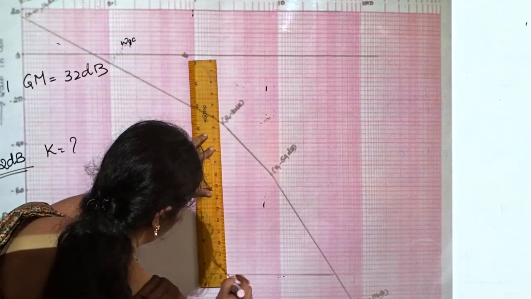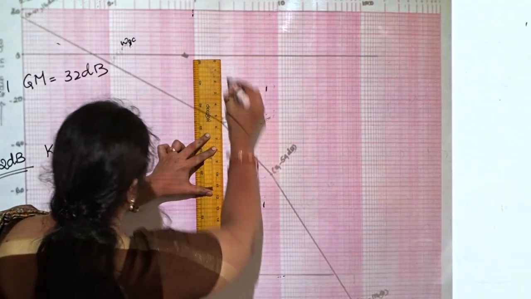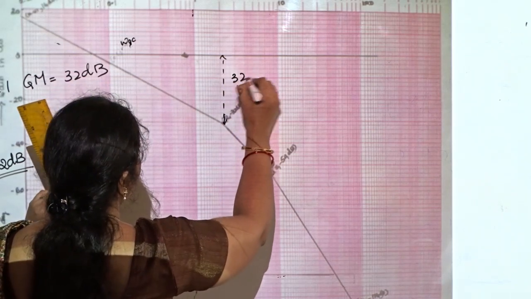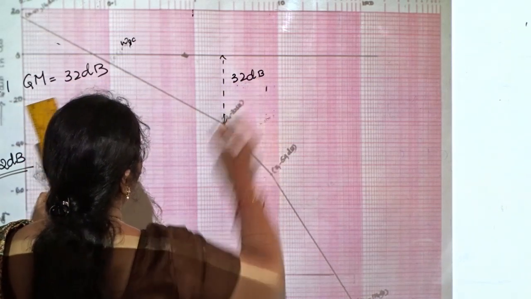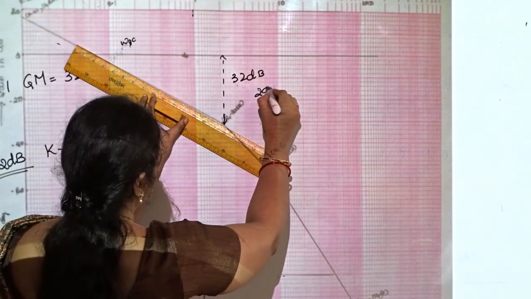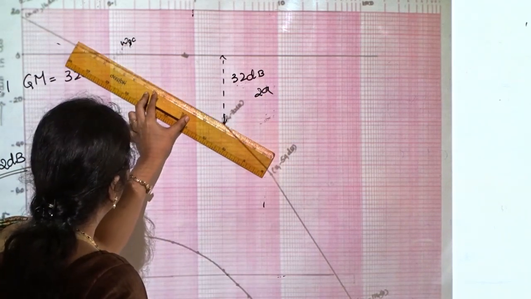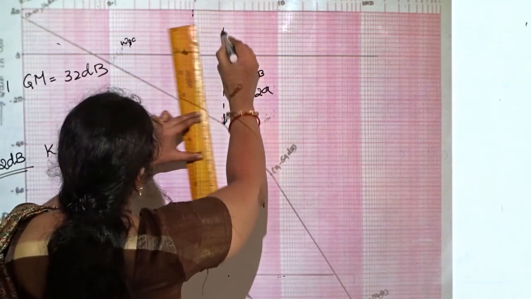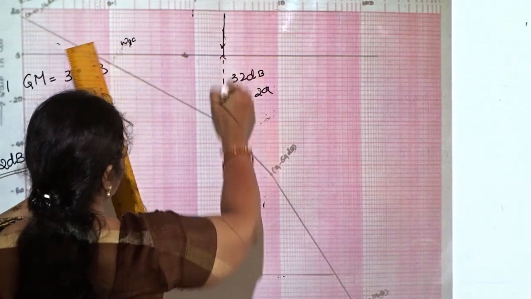From here to here, if you see, the gain margin was 32 dB. But they are asking us to have a gain margin of 2 dB. Where will I have 2 dB? At the same point, that is, for the same frequency itself. At this frequency itself, I should get the gain margin.